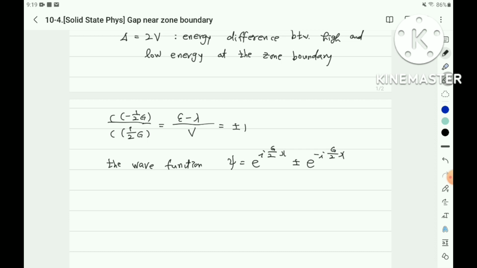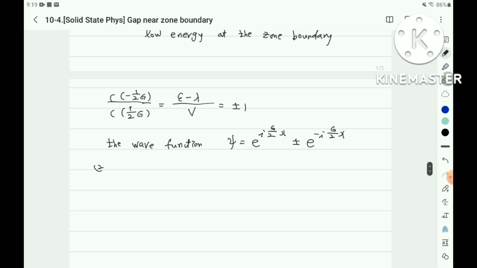Plus means the wave function at the bottom of the energy gap, and minus means the wave function at the top of the energy band gap. This is at the zone boundary.